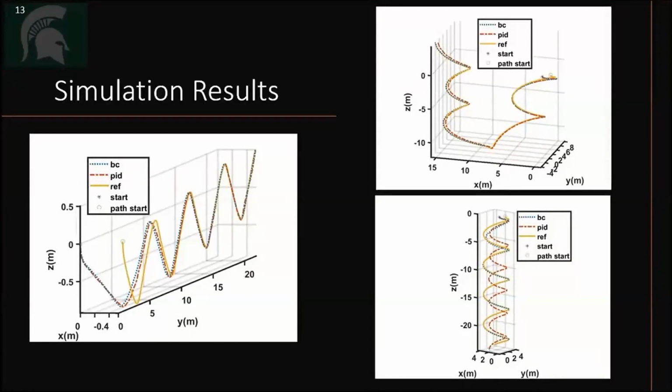In each of these figures, you see three curves: the reference trajectory in yellow, the backstepping controller in blue, and the PID in red. In the left and top right figures, the PID and backstepping controller performance are fairly similar, but in the bottom right, in the spiral trajectory, the backstepping controller outperforms the PID.